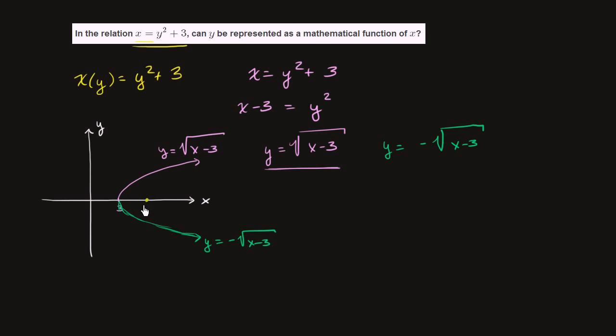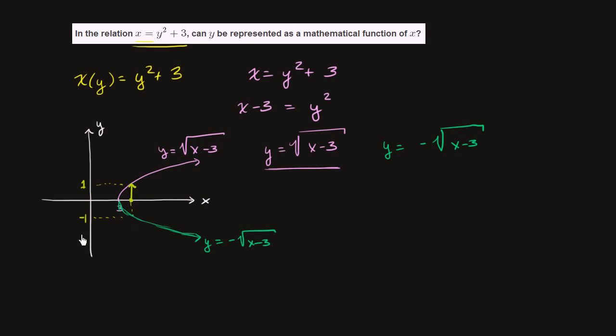So for example, let's say we take x is equal to 4. x equals 4 could get us to y is equal to 1. 4 minus 3 is 1. Take the positive square root. It could be 1. Or you could have x equals 4 and y is equal to negative 1.